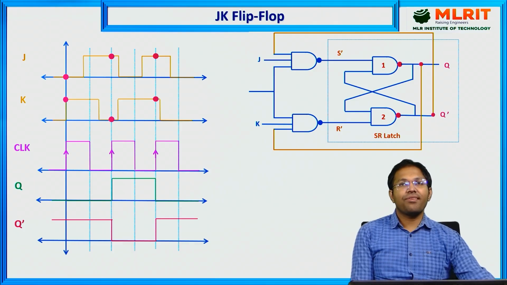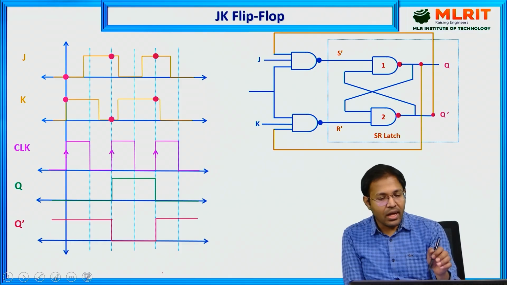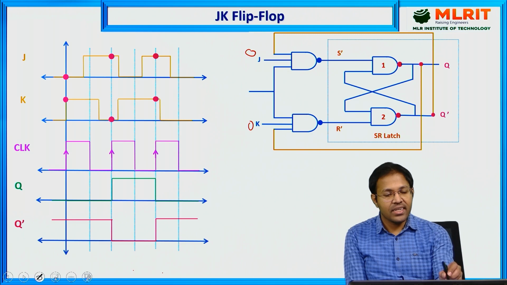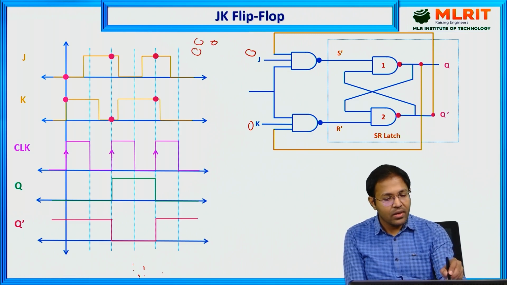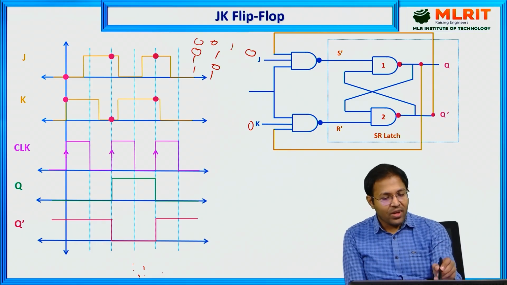Now let us look at the functionality. So first case, when both the inputs are zeros. To understand this better, let us look at how the NAND gate works. In the case of a NAND gate, if the inputs are 0 0, 0 1, 1 0, 1 1, the corresponding outputs are 1, 1, 1 and 0.